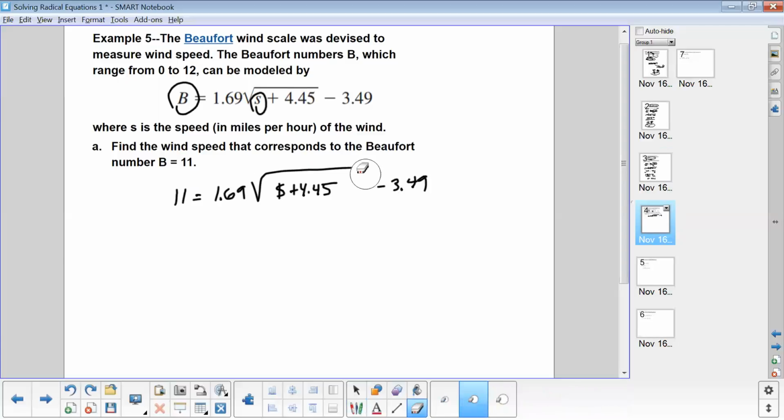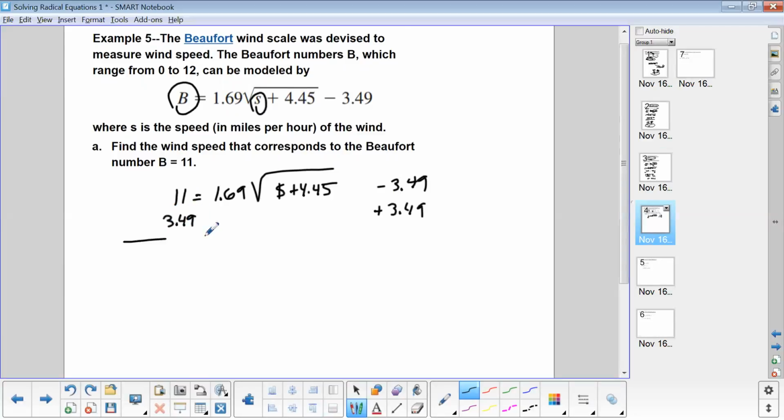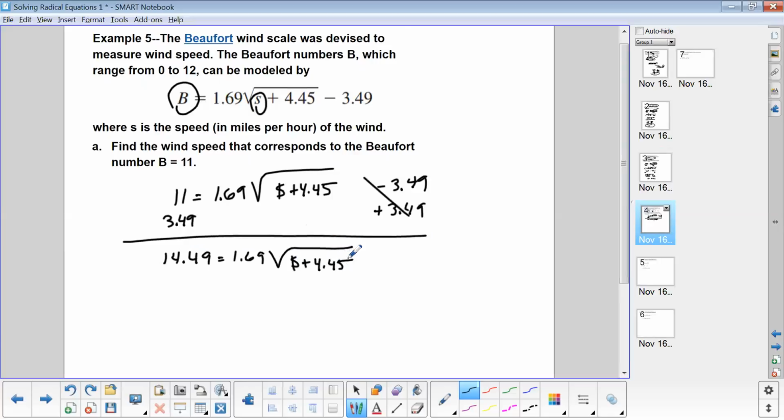And then progress with the solving. Now, since this is a radical expression multiplied by a number but subtracted, what I want to do is add this number over here. That goes to 0, so I get 14 and 49 hundredths is equal to 1 and 69 hundredths times the square root of speed plus 4 and 45 hundredths.